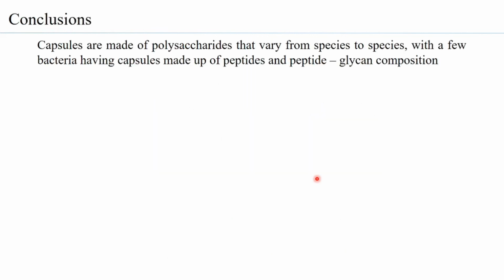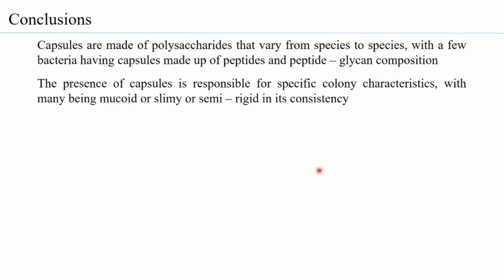So let us conclude. Capsules are made up of polysaccharides that vary from species to species, with a few bacteria having capsules made up of peptides or peptidoglycan composition. The presence of capsules is responsible for specific colony characteristics, with many being mucoid or slimy or semi-rigid in consistency.